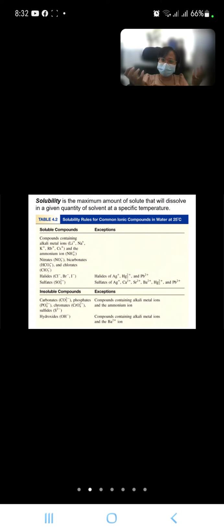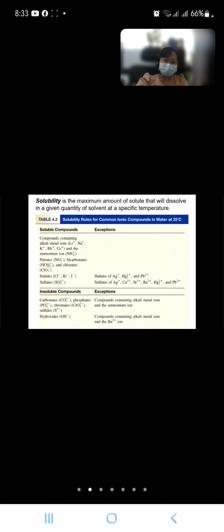Because they form ions when dissolved in water. Okay? So kining mga ionic compounds, specially formed by the alkali metal ions, will dissociate completely in water. So meaning they are soluble. Okay? They are soluble. And aside from that, also compounds containing ammonium ions. Okay, NH4+.